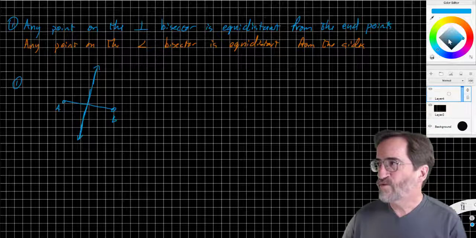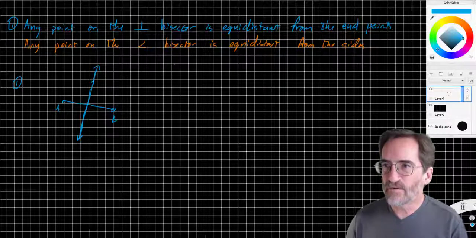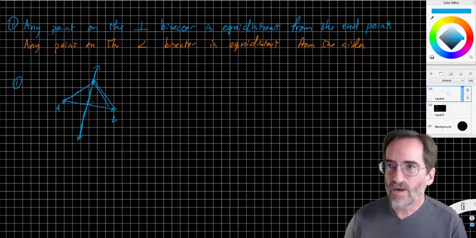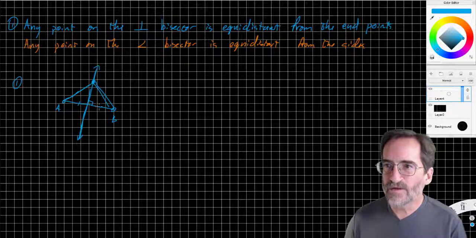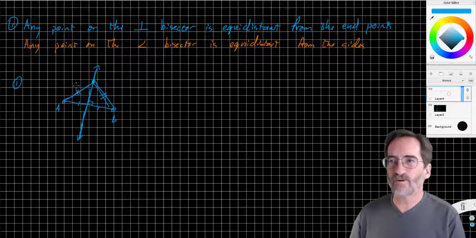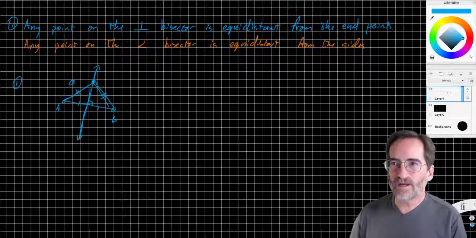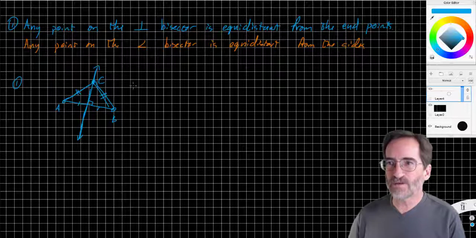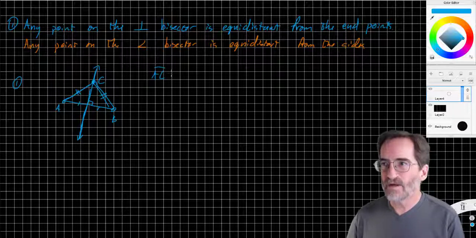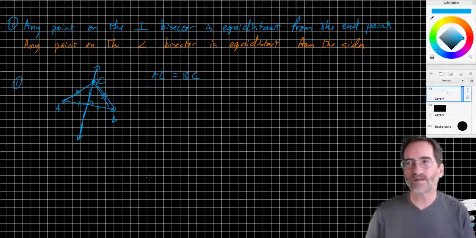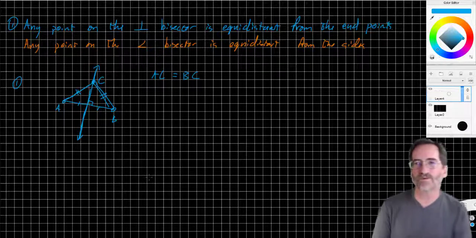Okay, and you put a point somewhere on the perpendicular bisector. Okay, we know that in this case, these 2 hypotenuses are congruent. So we know that AC is congruent to BC.